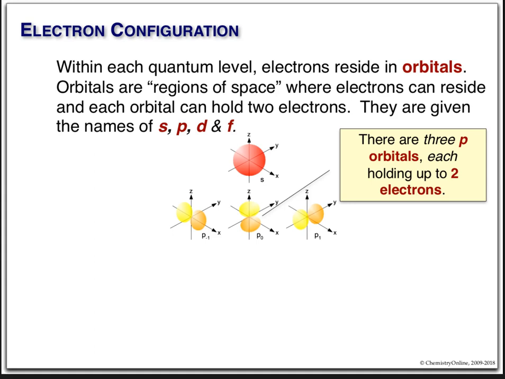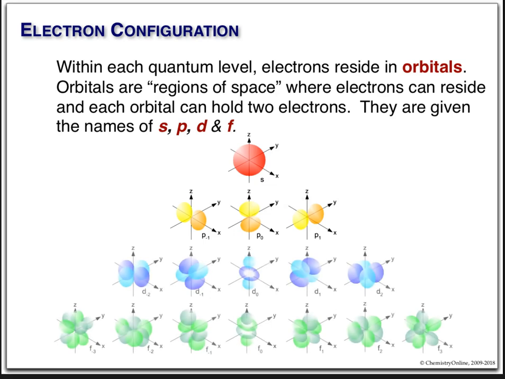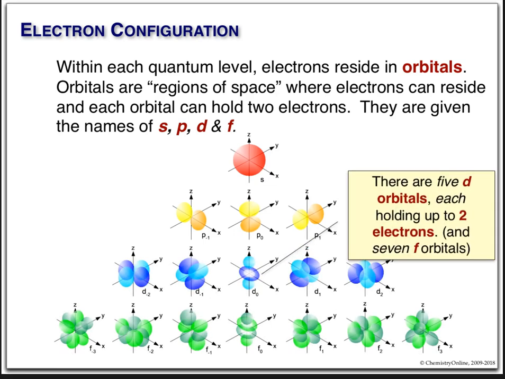The next set of orbitals are d's. There are 5 d's. As you see, they get really interesting. This is one of my favorites. You know, lobes with a little inner tube around the middle. Once again, each of these can only hold 2 electrons.